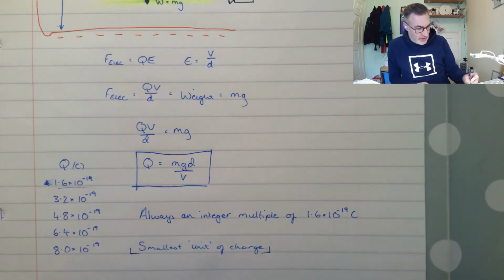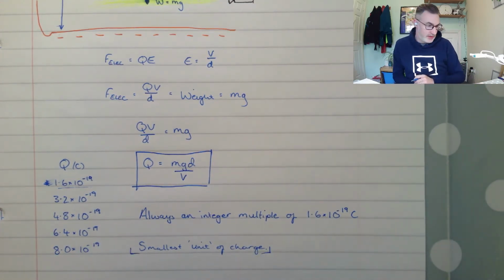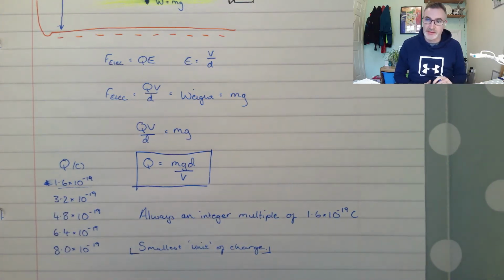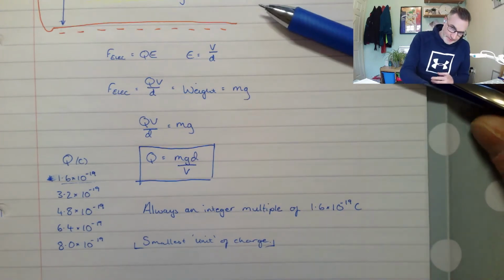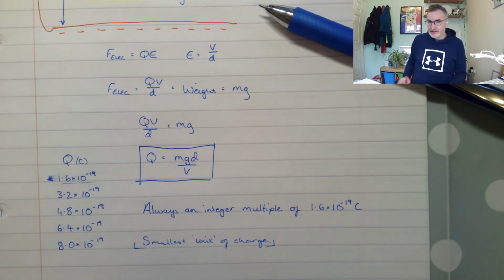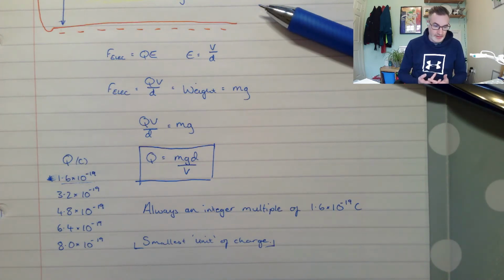And this is what we have now today, that the smallest amount of charge that you can have is 1.6 times 10 to the minus 19. Now I know that since this was done, we've discovered the existence of quarks, and they could have either plus or minus 1/3 or plus or minus 2/3 of the unit of charge.